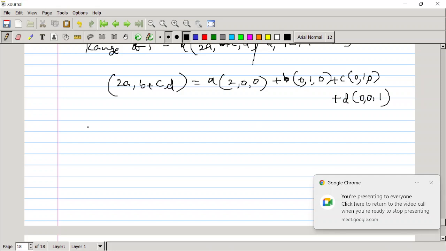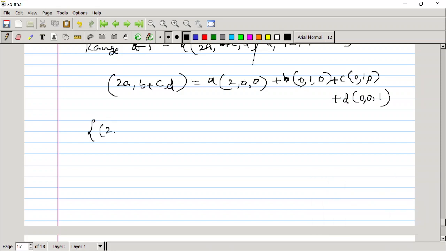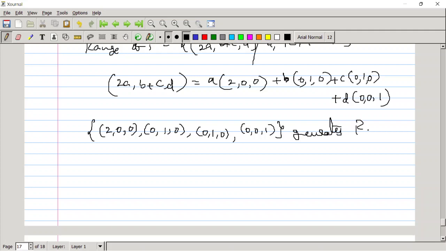So from this you can say 2 comma 0 comma 0, 0 comma 1 comma 0, the third element is also the same 0 comma 1 comma 0, and 0 comma 0 comma 1 generates the range of T. But it is asked to find the basis, and a basis is different from generators.